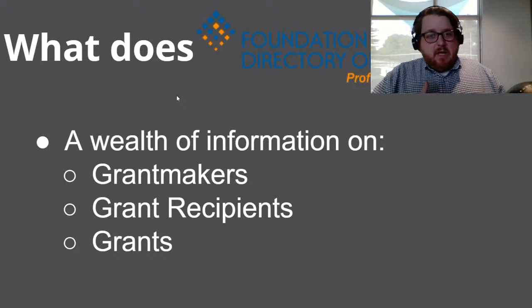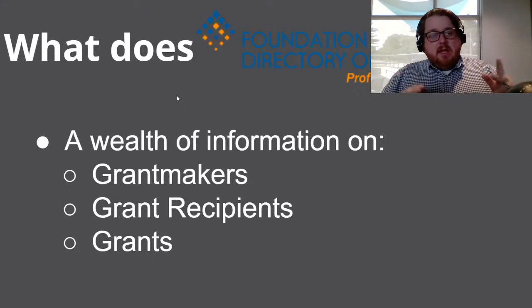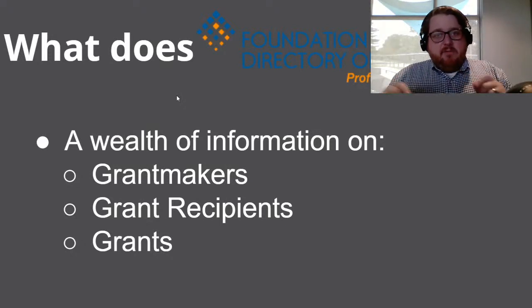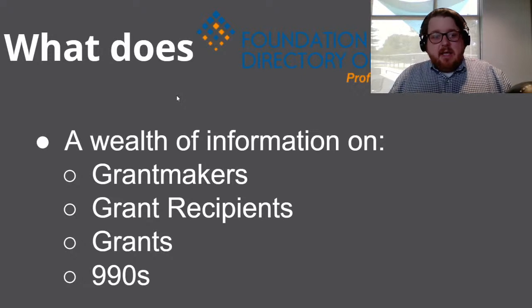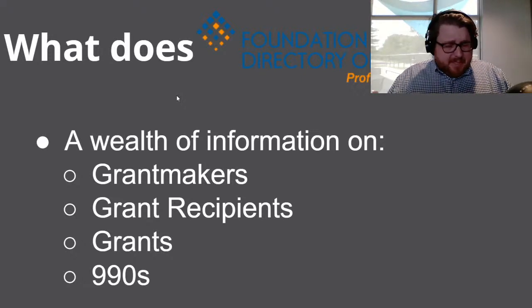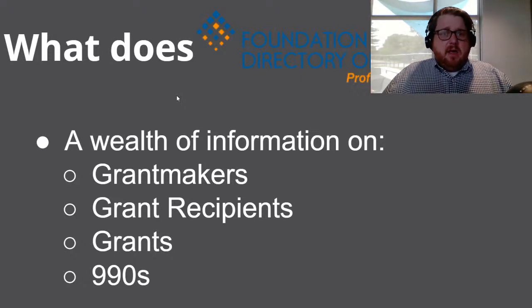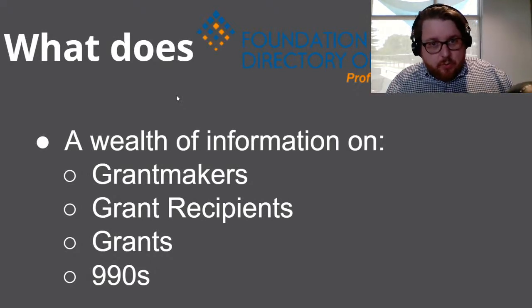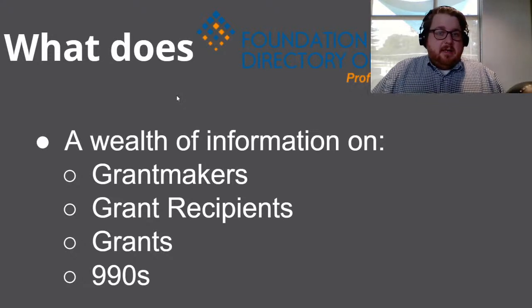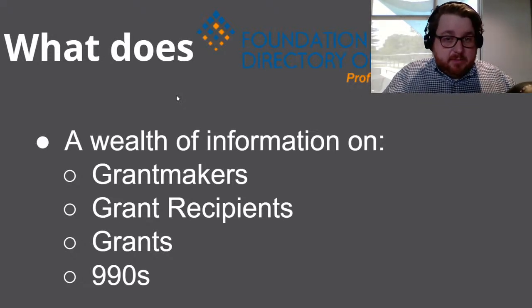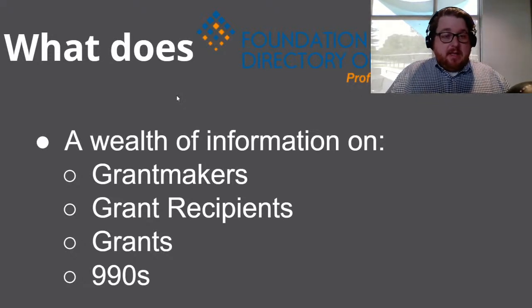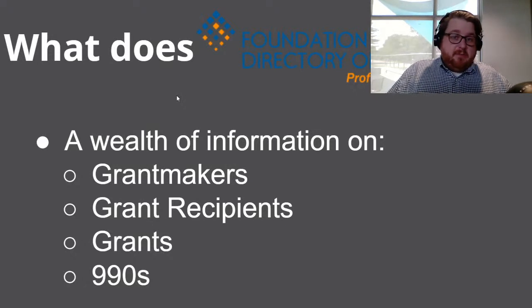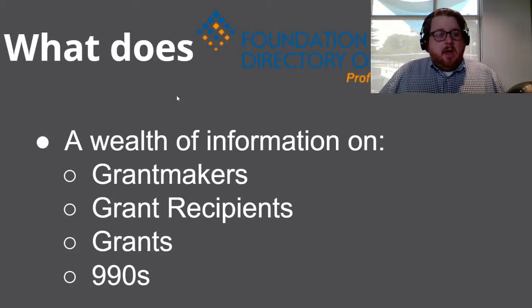But that's where the FDO got it from. So not only does the FDO take all that information from the tax forms, the 990s, they take all of that and chop it up to make it easier for you to understand, and then, for transparency's sake, they give you that information in a big fire hose of the 990s if you want to comb through it.